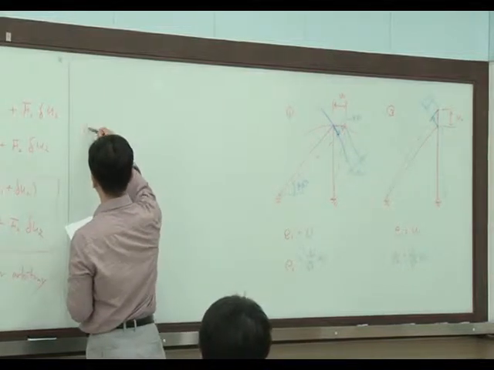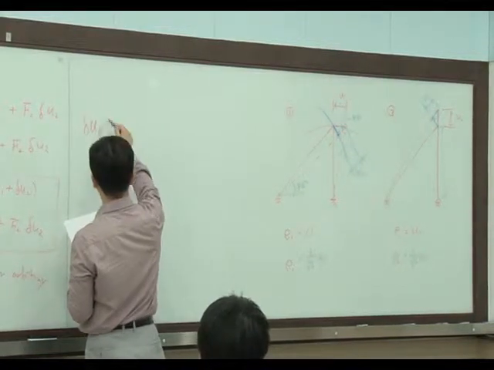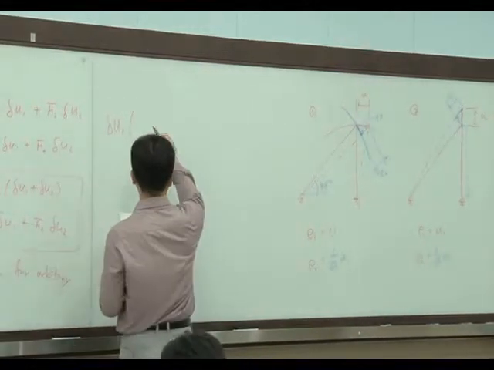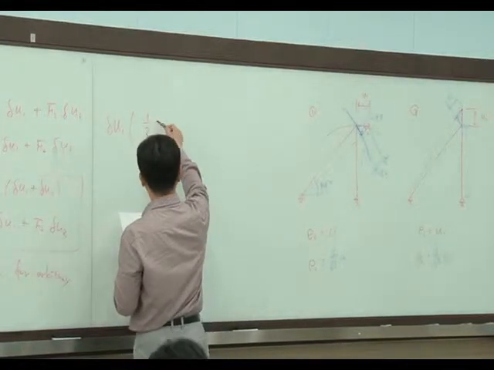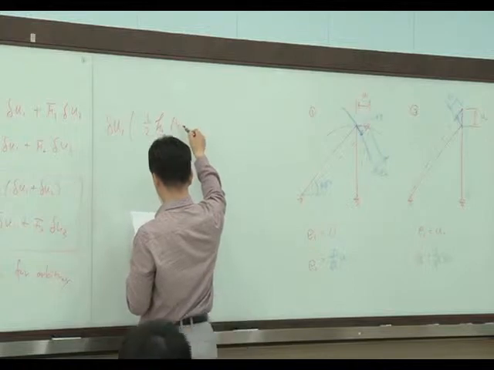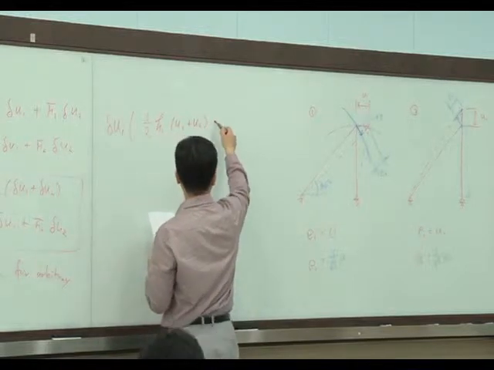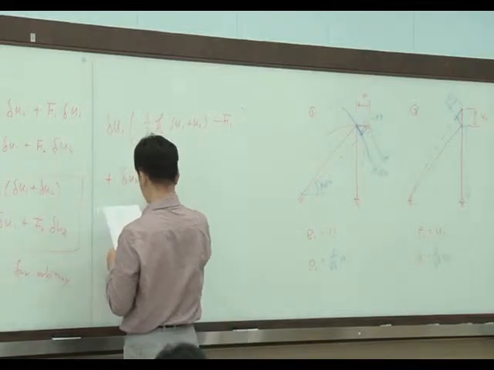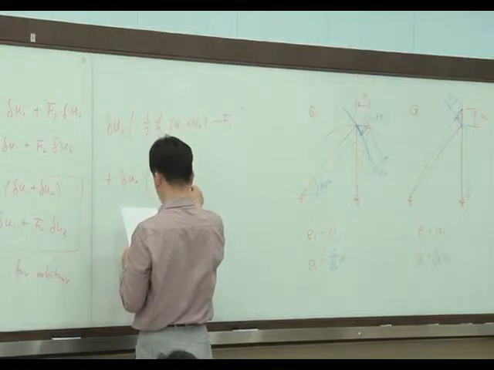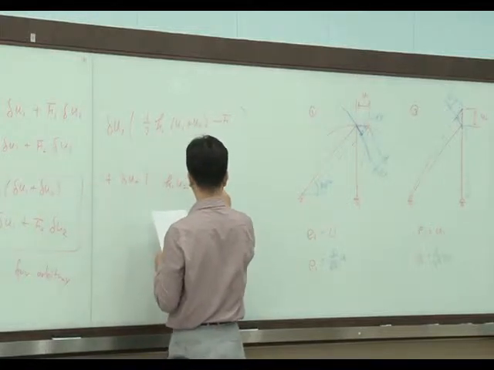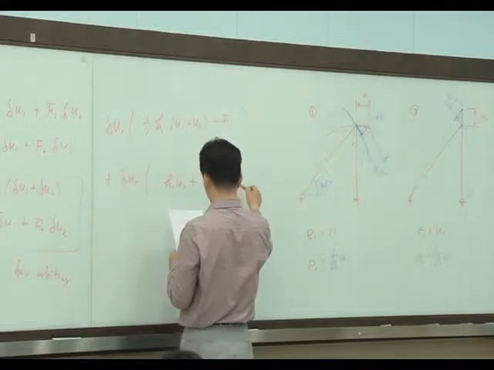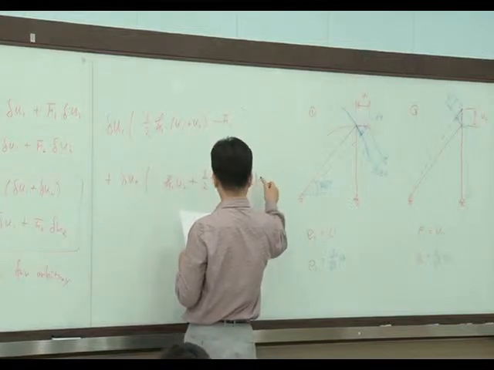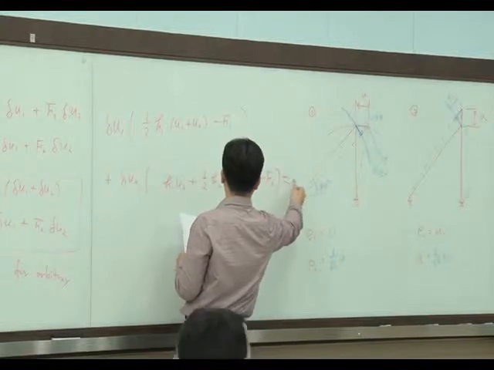So how to do that is very simple. We can rearrange that equation about virtual displacement U1. Then we have the equation: 1 over 2 K2 (U1 plus U2) minus F1, plus virtual U2 times [K1 U2 plus 1 over 2 K2 (U1 plus U2) minus F2] equals 0.